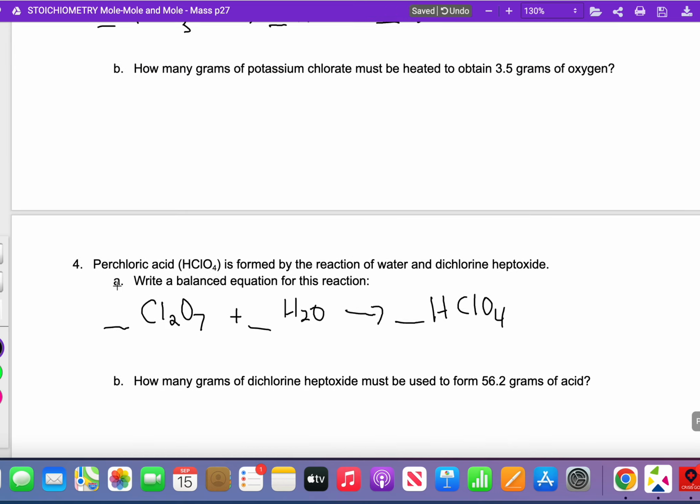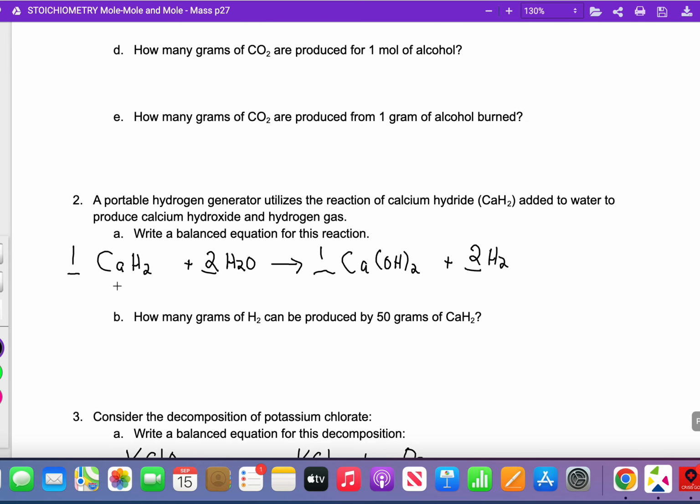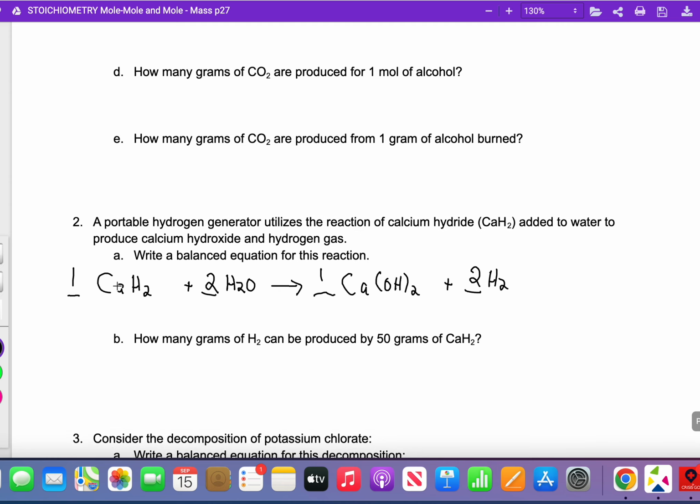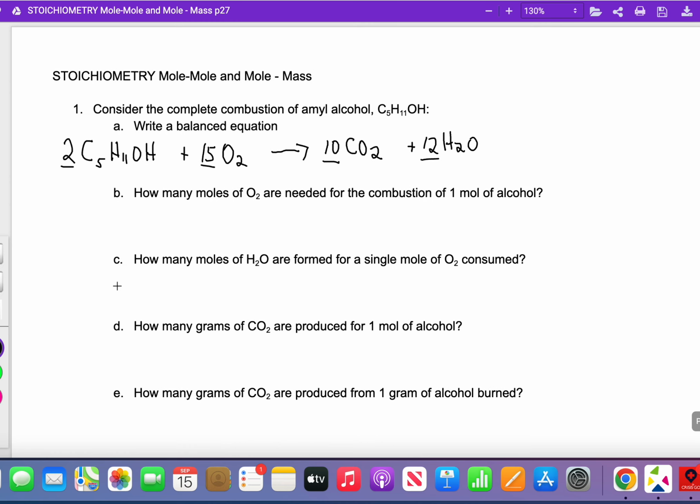Now, what I'd like to do is start at number 1 here, but I want to tell you something. Every problem on all the worksheets that we have in this stoichiometry unit, you're always going to think in your mind 3 steps. Not that you have to do every step, but the steps always go like this.